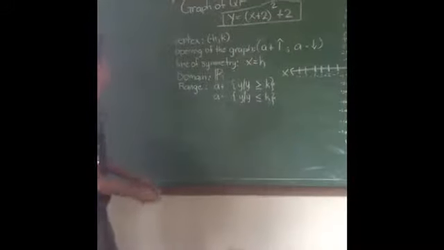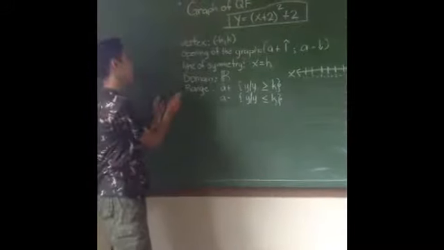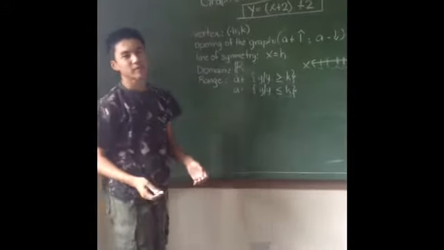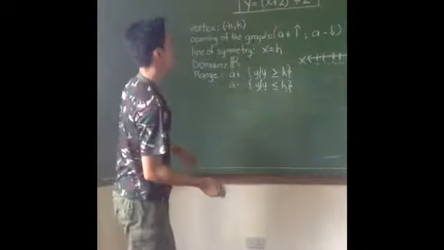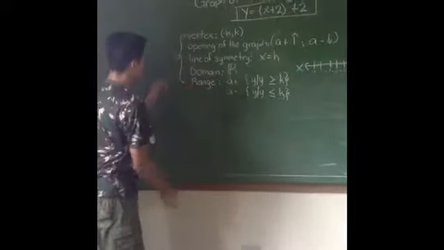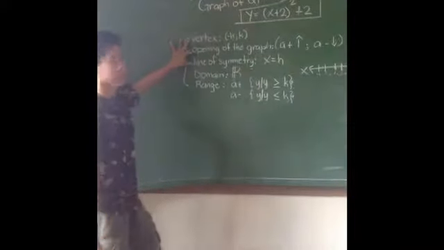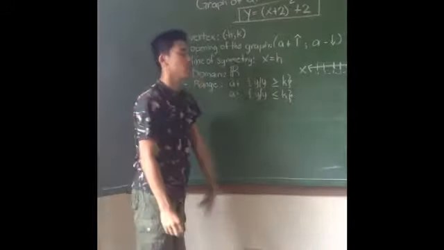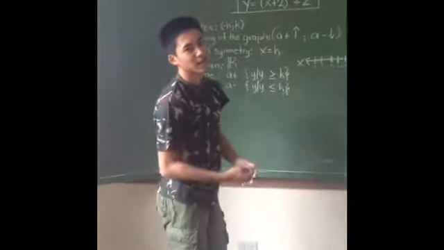Now, we also need requirements here. The requirements are just getting the vertex, the opening of the graph, the line of symmetry, the domain, and the range. So we can fully graph it and fully understand it.